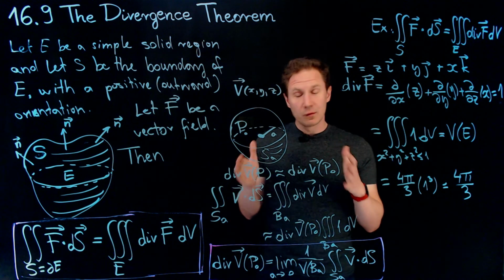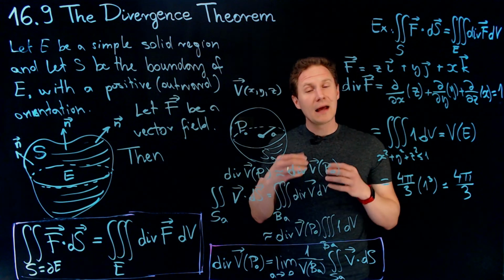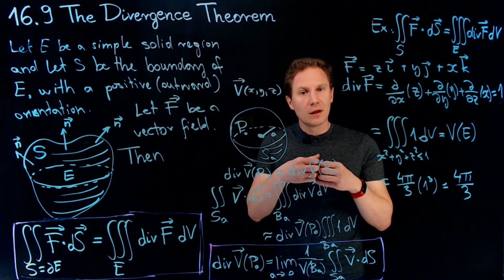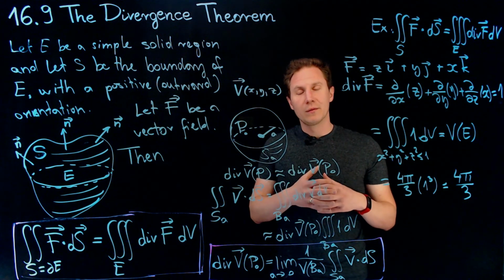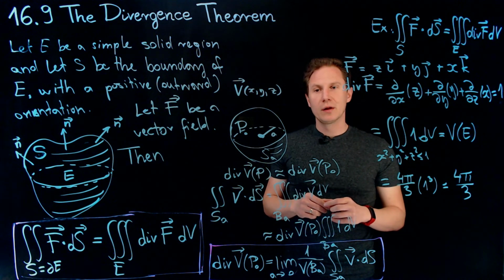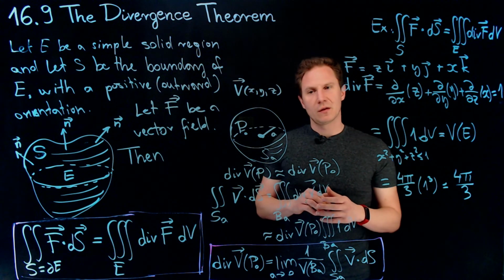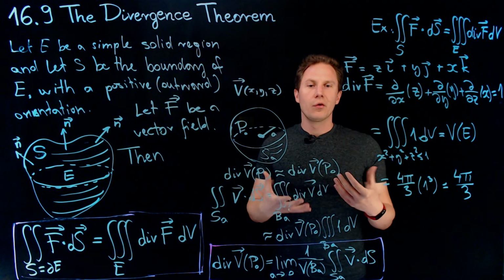Okay, and it means that if this divergence is positive at a certain point, then the net flow outward near that point is positive. So we have something that can be regarded as a source for that vector field. And if the divergence at a certain point is negative, then the net flow is inward near that point.